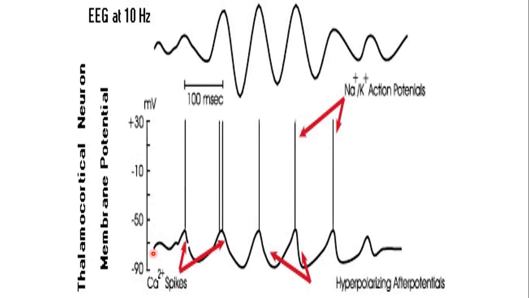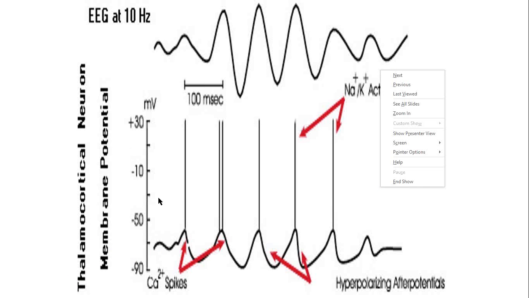The essential difference is in the thalamus, we see, and by the way, another name for EEG is thalamocortical oscillation, because there are dipoles set up not only in the pyramidal cells, but the oscillation of activity is occurring because of what's going on in the thalamus. So we call those neurons that are producing the oscillations thalamocortical neurons, and these are the membrane potentials.